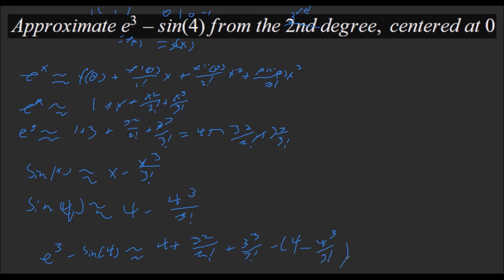From here, we can combine all our terms. The 4s cancel out here, and that's all I'm willing to simplify. Sorry about that, I stopped screen sharing. Okay, well, I remember what it is anyways.